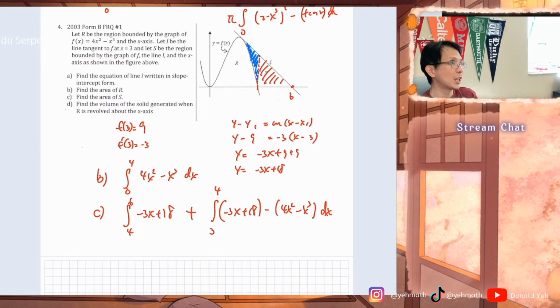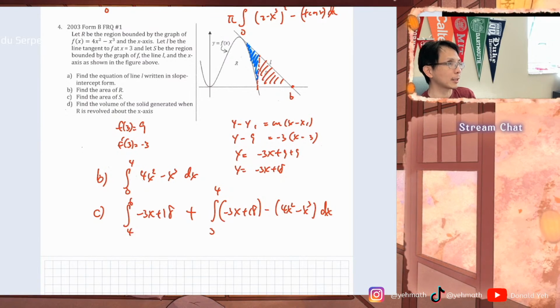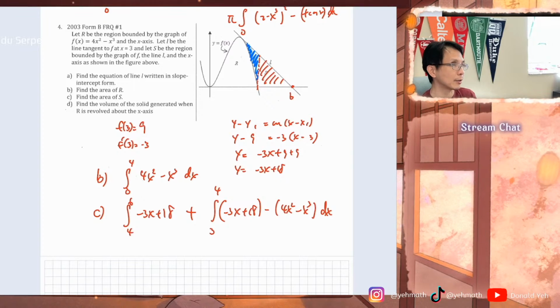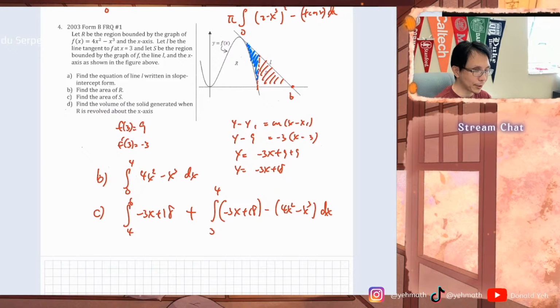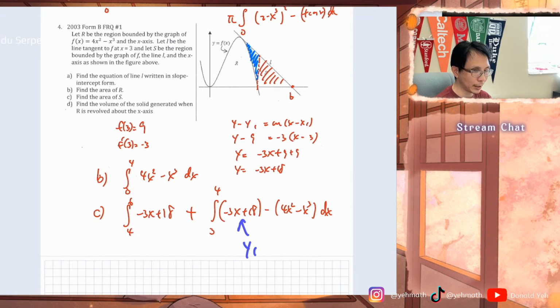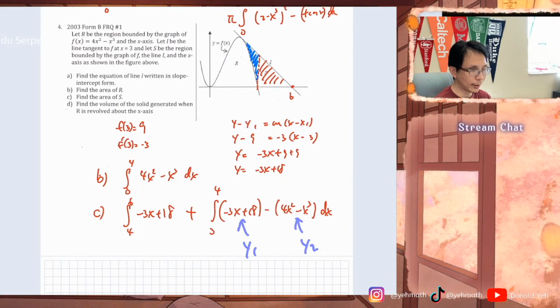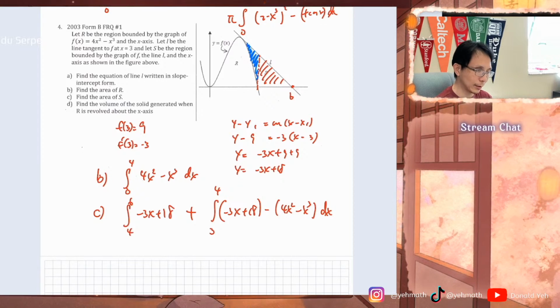More likely it's going to be a calculator section. In a calculator section, they will just say, hey, just use the calculator. So basically, the way to use the calculator is you set this as y1 and this as y2, and all you've got to do is y2 squared.